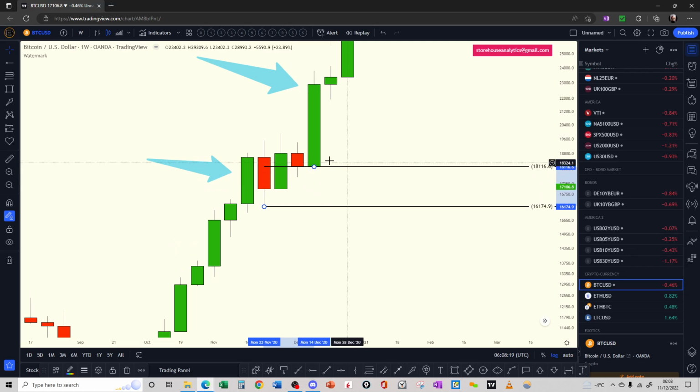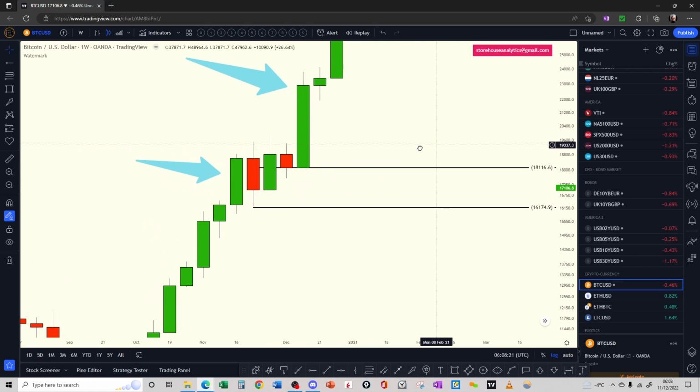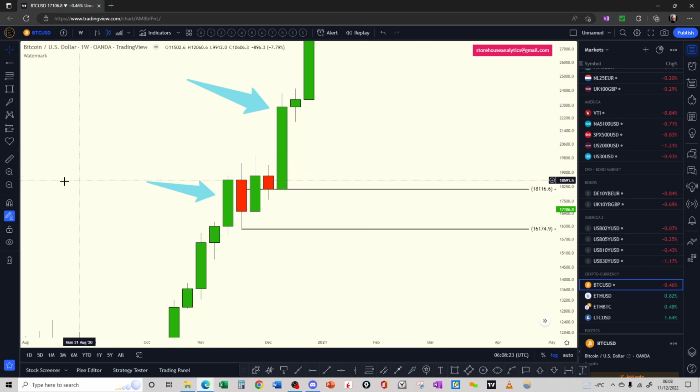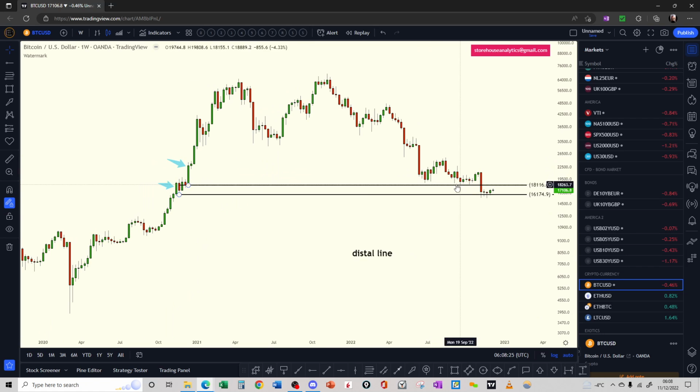So if you draw your zone like this, there's nothing wrong with it. The advantage is you are going to be getting a better price if and when you get triggered into a trade. You're going to be able to build up a bigger position size, for example, because your entry is going to be closer to where your stop will go.